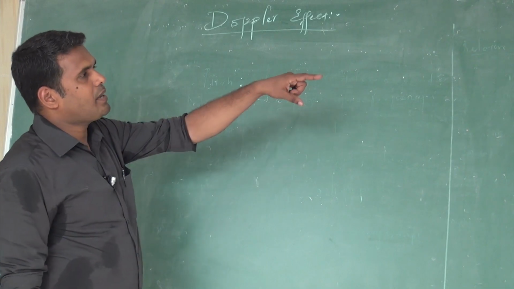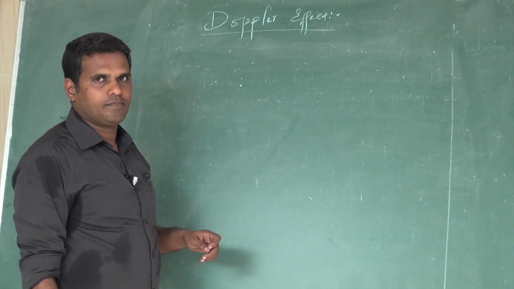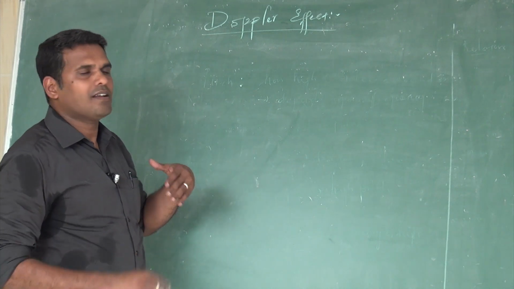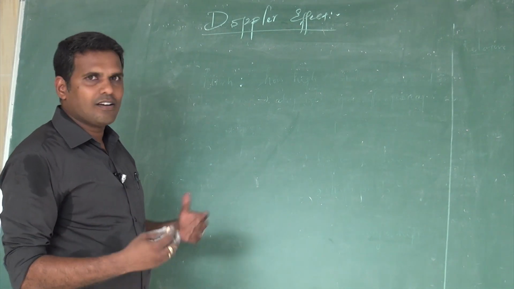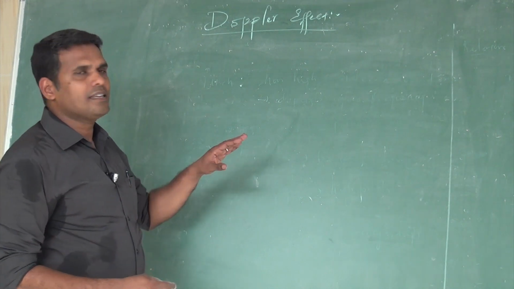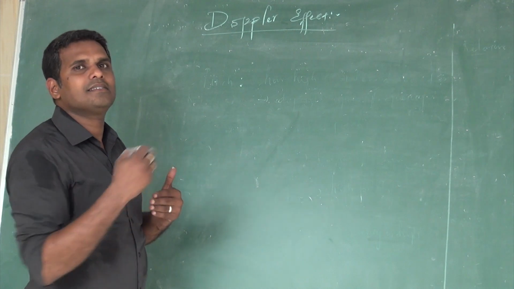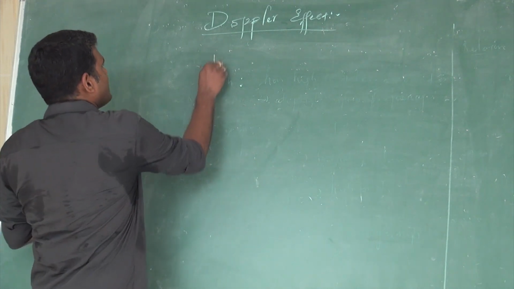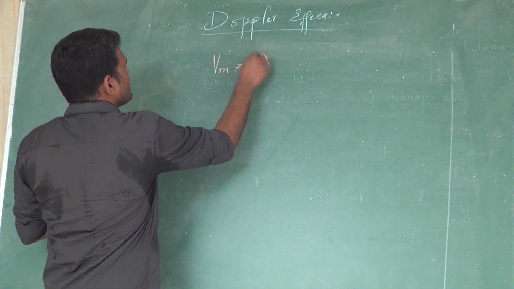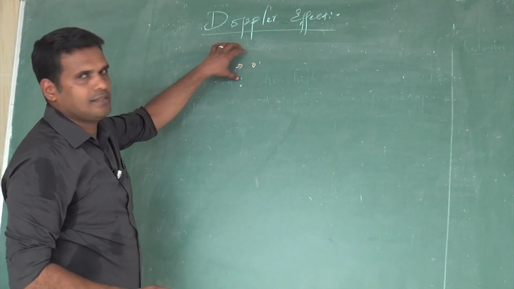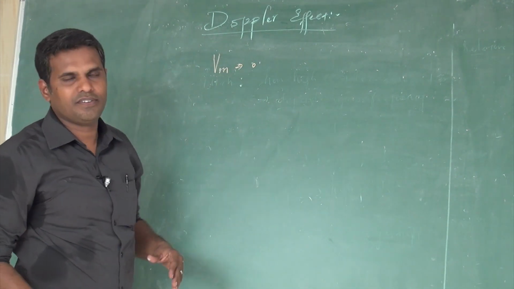As we saw the different possibilities which bring out relative motion, we shall now consider, for calculation simplicity, that the medium between the source and the listener is at rest. So I can say the velocity of the medium is 0. By considering this idea, we are going to proceed further.